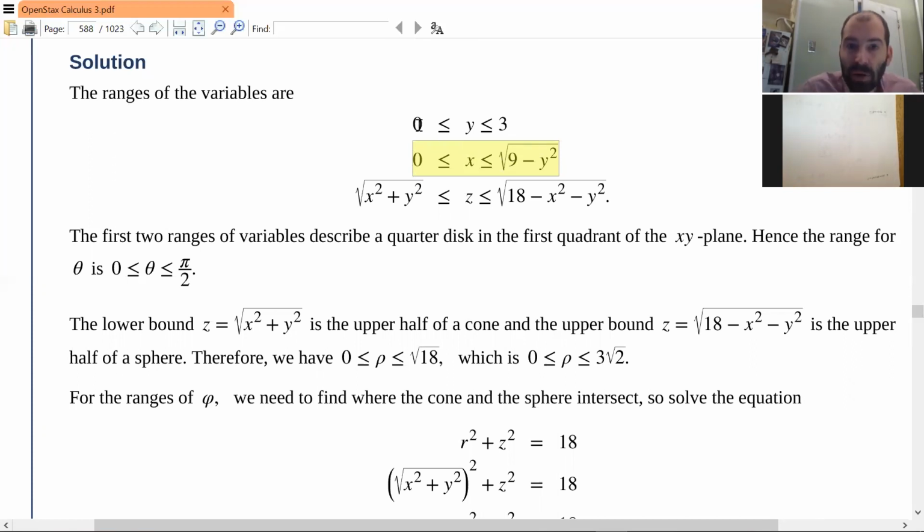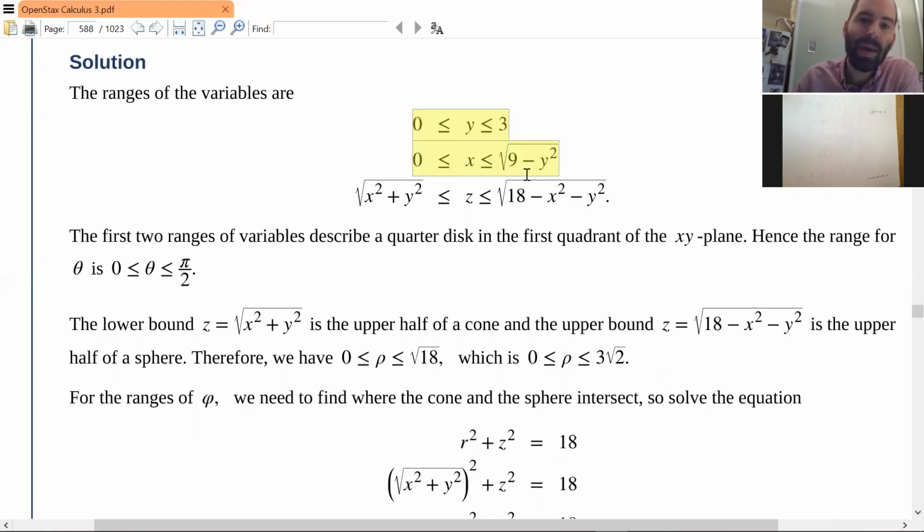But y is only going from 0 to 3, so we're only looking at what's above the x-axis too. So instead of getting half of a circle here, we're getting the upper right quarter of a circle of radius 3. That's what these two inequalities tell us.